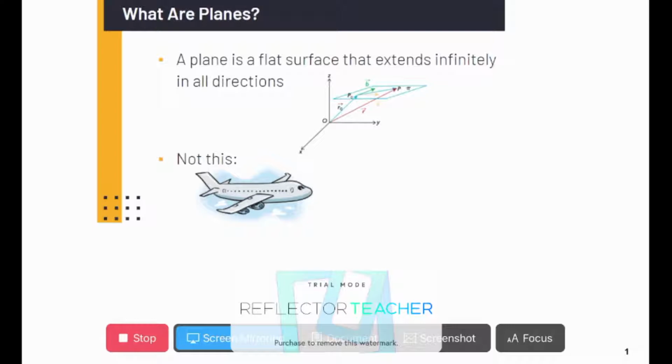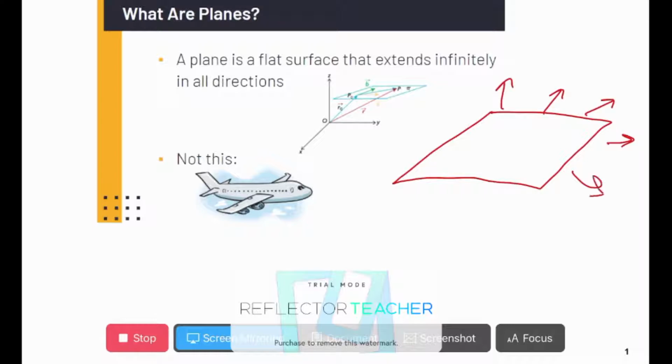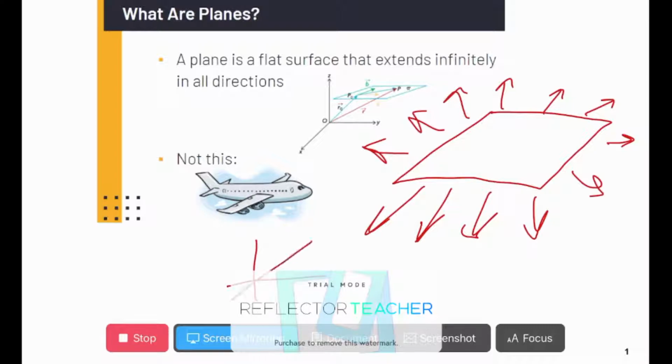Obviously, we cannot draw an infinitely large object on a finite piece of paper or in a finite amount of time. So, we sketch it with edges like a little piece of paper, but in actuality, it's extending in every direction forever. Once again, similar to what we do with lines, while our vectors have ends, going from point A to point B, when we define a line on a graph, it extends to the right forever and the left forever.